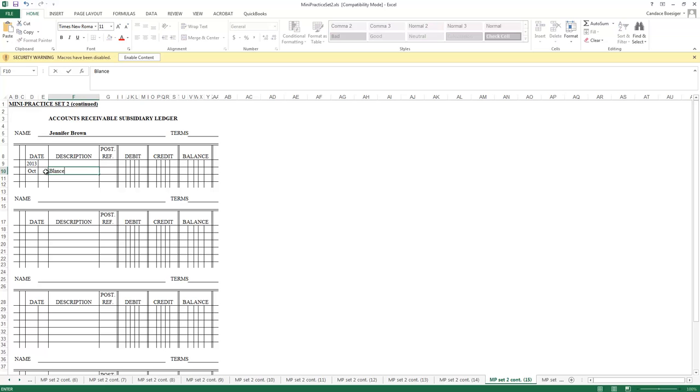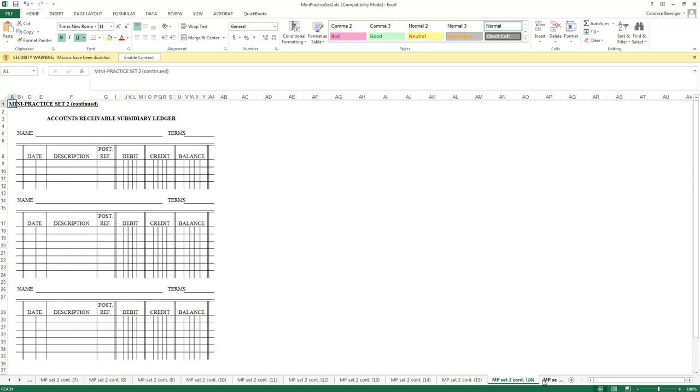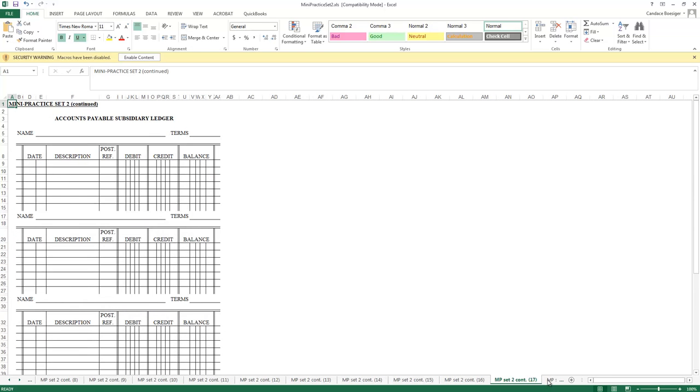And it has a balance, and the accounts receivable balance is going to be $795. I'm going to do this for all of my accounts receivable, and I'm going to do those for my accounts payable also. So once all of that is done, that will take you clear through numbers 1 and 2.